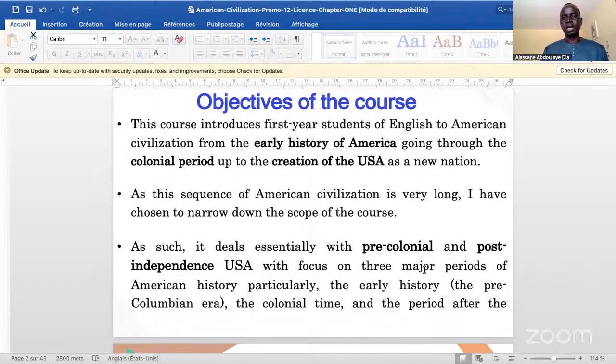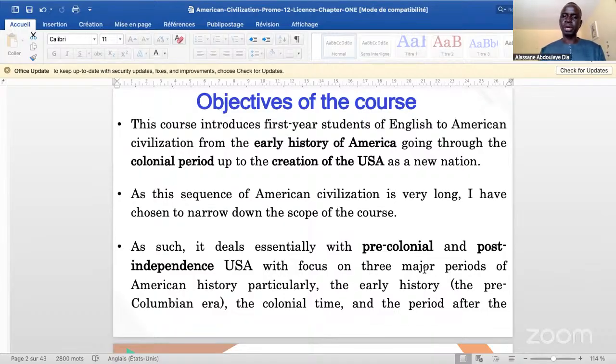You will understand that civilization here means history, culture, but it takes into consideration many other domains like economy, like politics, and everything. So for this purpose, the course deals essentially with pre-colonial and post-independence USA.